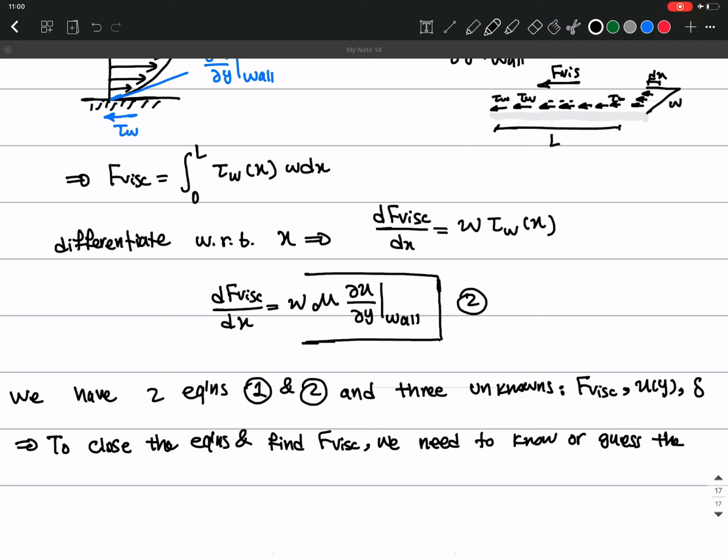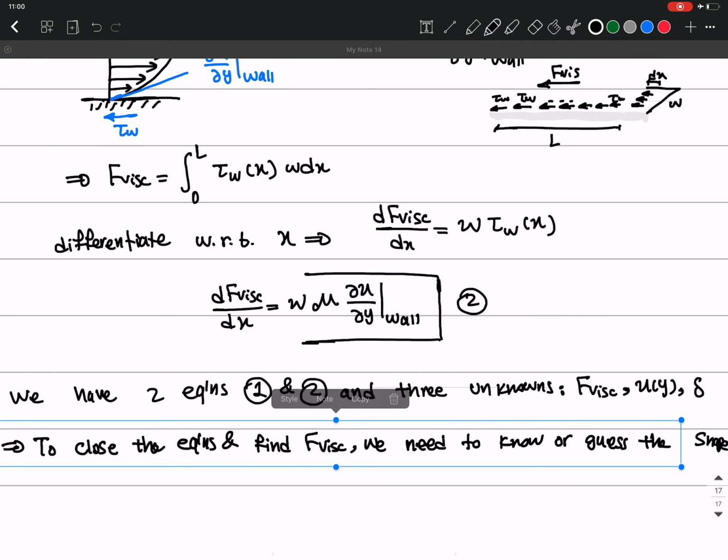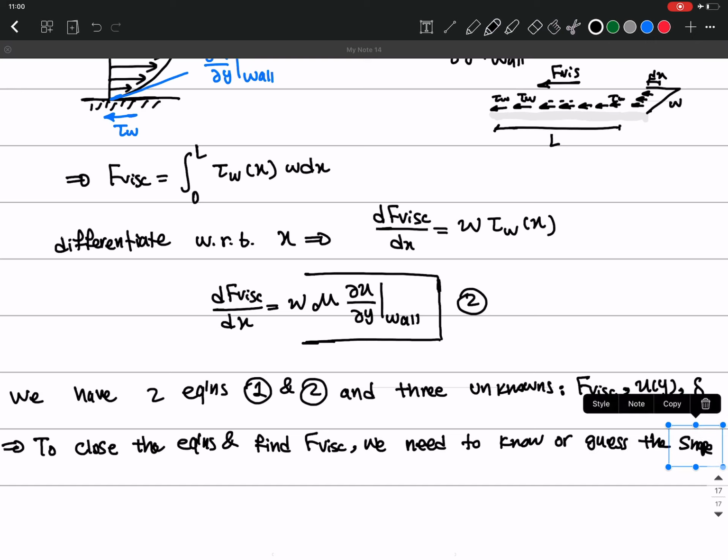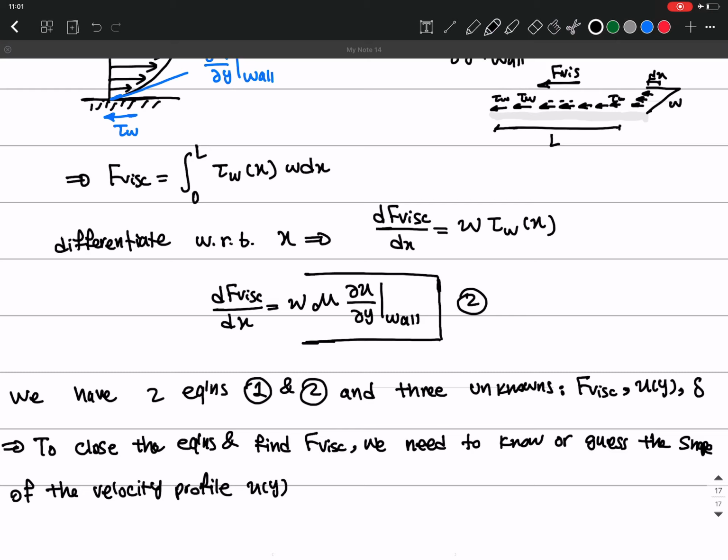From what? From experiments. The shape of the velocity profile Uy from experiments.